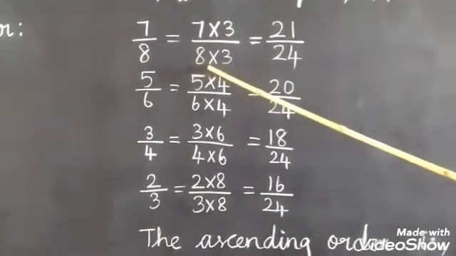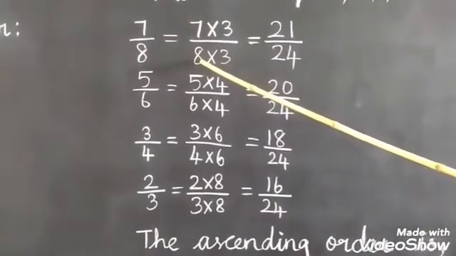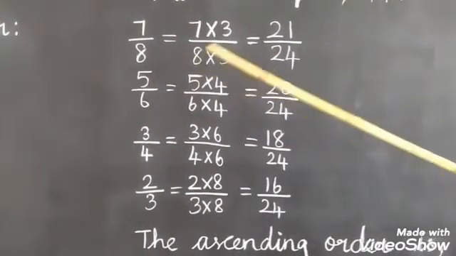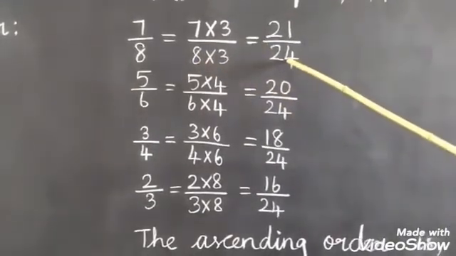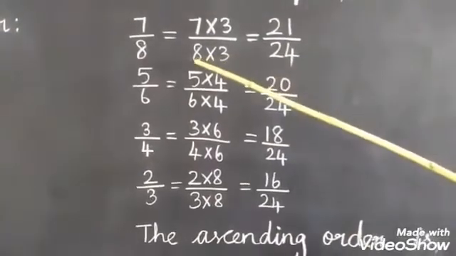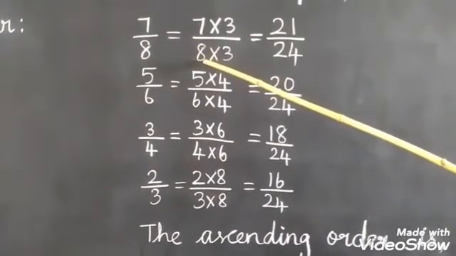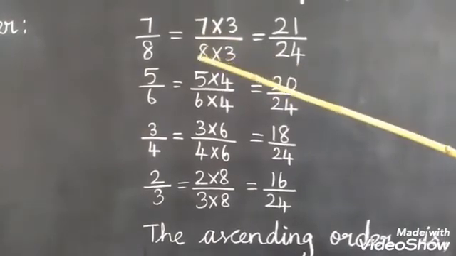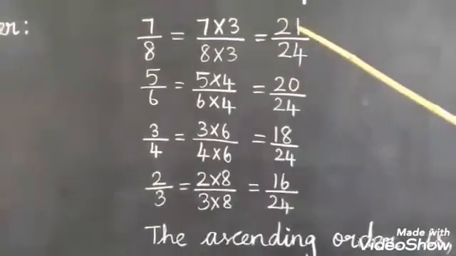If we multiply the denominator 8 by 2, we can't get 24. 8 2s are 16 only will come. So you have to check the denominator and consider the number for multiplication properly. 8 3s are 24. 7 3s are 21 and we get 8 3s are 24.